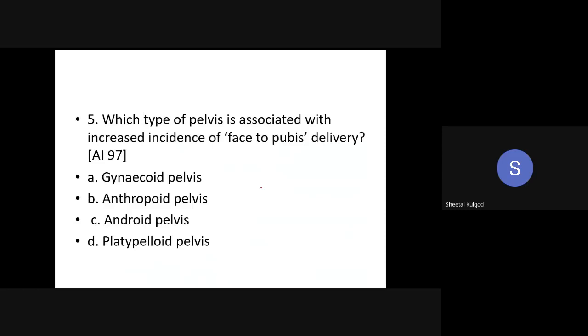Because in the anthropoid pelvis, as you have seen, the anterior posterior diameter is longer, and it has more room, and the fetal head engages in a posterior position more often. There is non-rotation, and therefore there is a persistent occipito-posterior position, and the delivery is by face to pubis. This you have to remember.